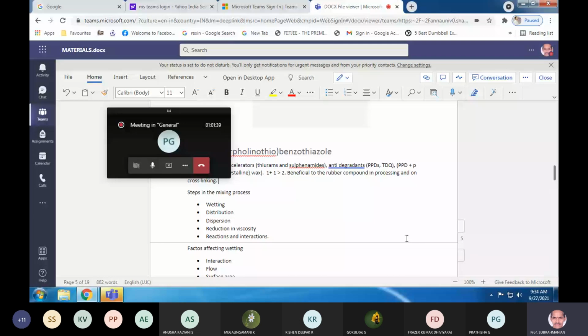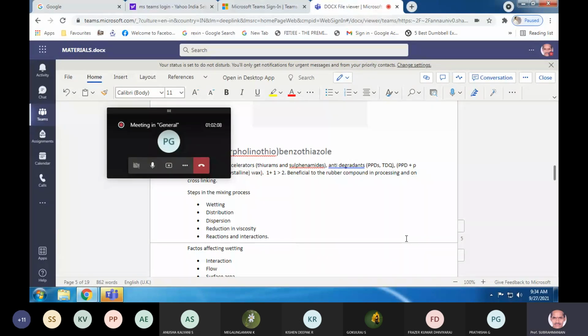We have discussed individual reaction and interaction. Individual, A reacting with the rubber, B reacting with the rubber, C reacting with the rubber. A, B, B, C, A, C, A, B, C, these affecting each other. Okay? So you have an interaction.